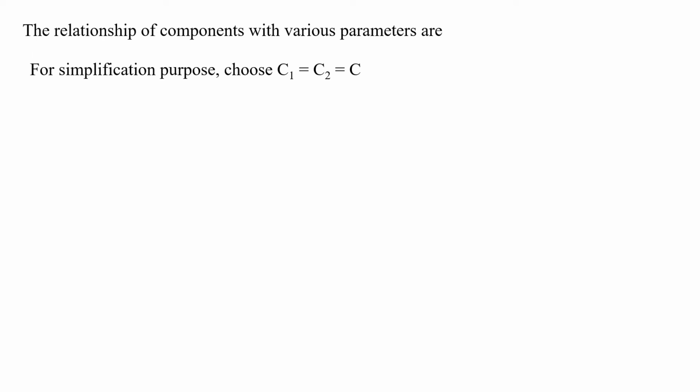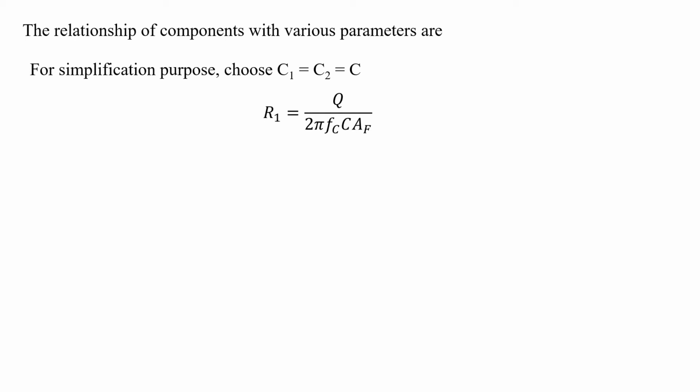For simplicity, we are going to choose the capacitance values C1 and C2 equal, equal to C. From this, we get the value of the resistance R1 in terms of the quality factor. R1 is equal to Q divided by 2 pi Fc C into Af, where Af is the pass band gain of the narrow band pass filter, and Fc is the center frequency.